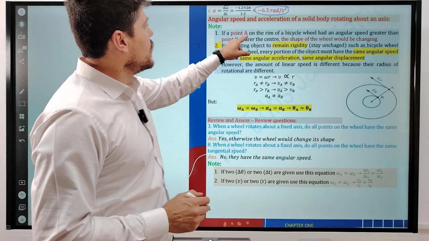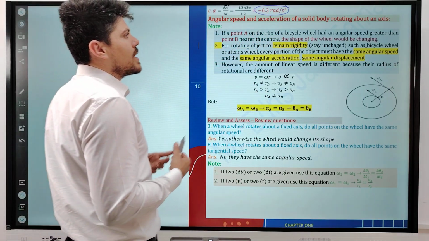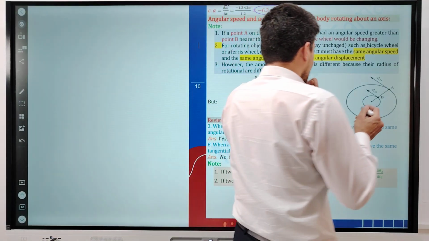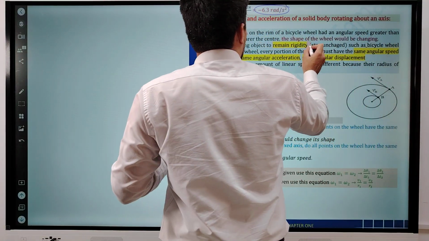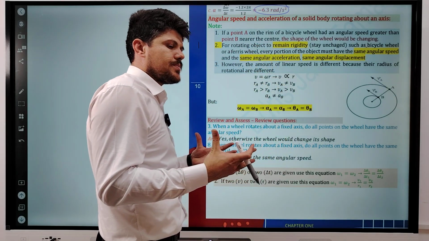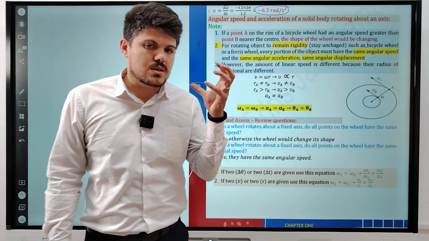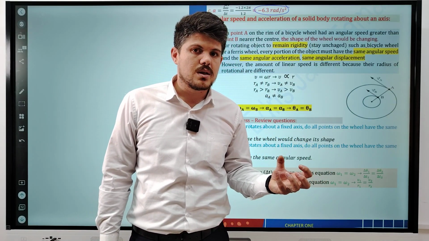Okay? So if a point A on the rim of a bicycle wheel or rigid body had an angular speed greater than point B, in the case when omega A is bigger than omega B, what would happen near the center? The shape of the wheel would be changed. Okay? So when we say that for a rigid body all the points have the same angular speed, okay?